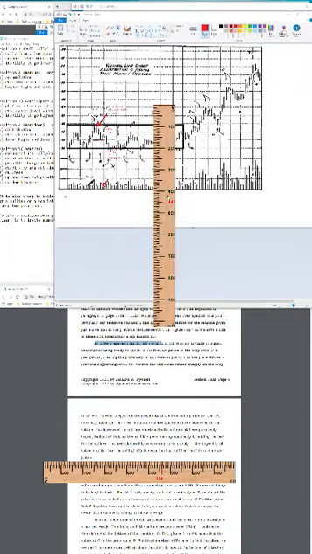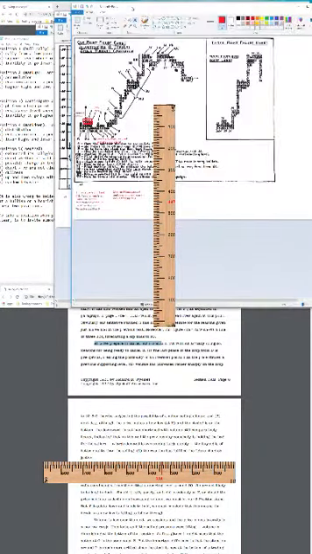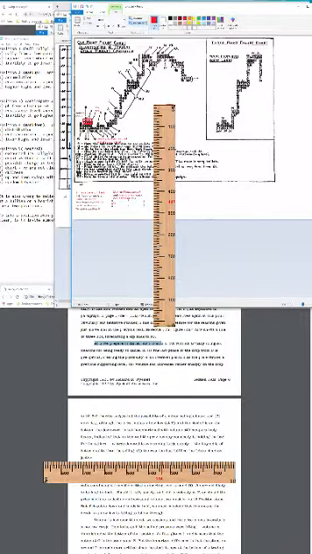There are a lot of reasons here. A, oversold. B, climax. C, support. I forgot what else, T, target.